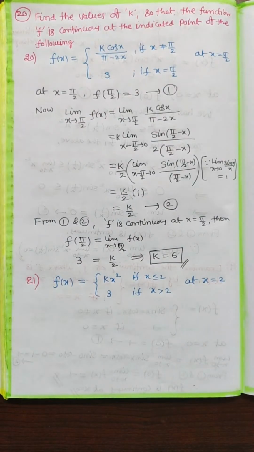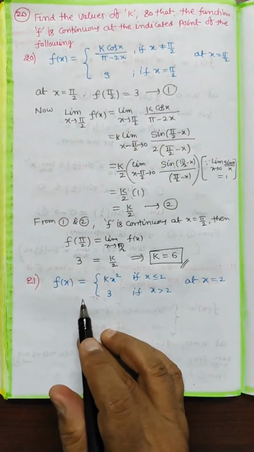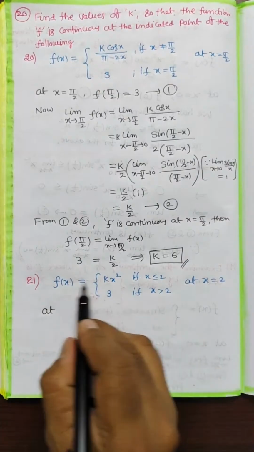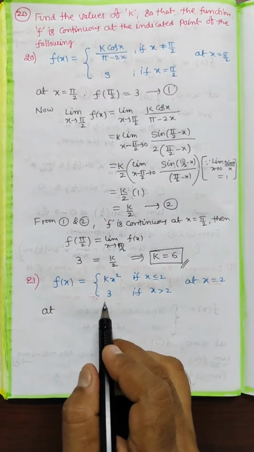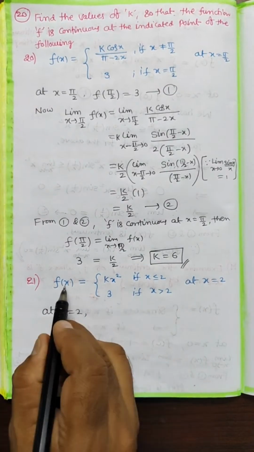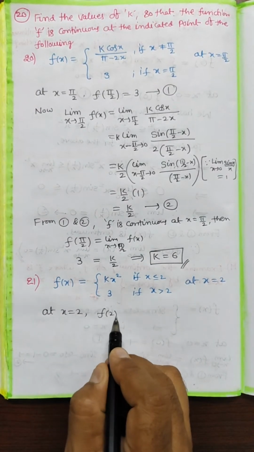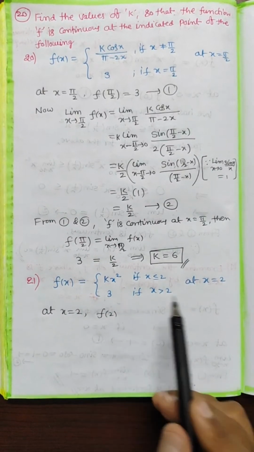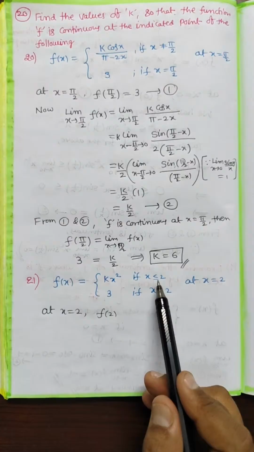See how we are going to explain. Like the previous procedure, first we write the given function. At x is equal to 2, the function value, we substitute in f of 2. Since less than or equal to is there, no?